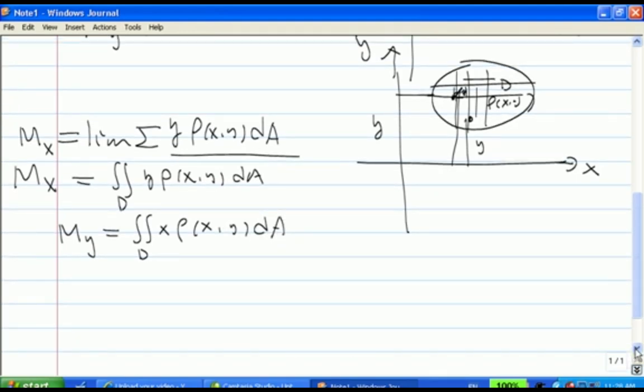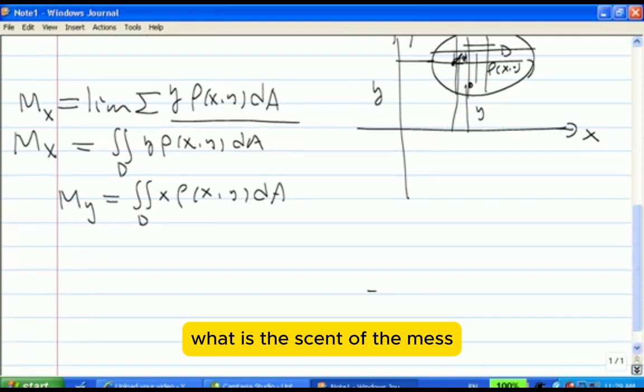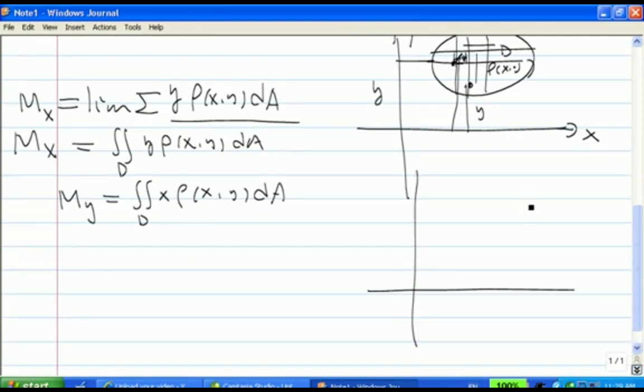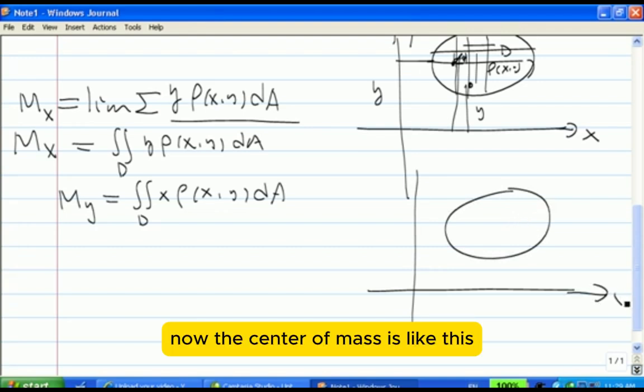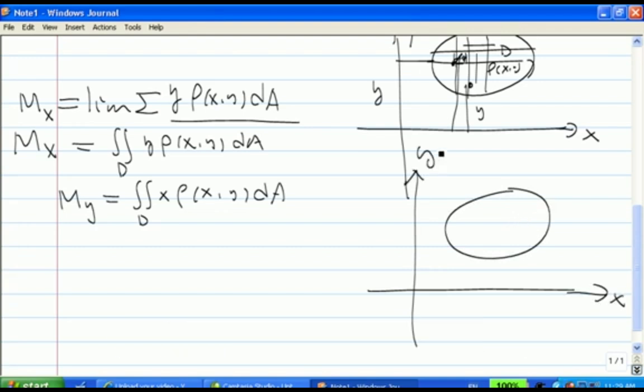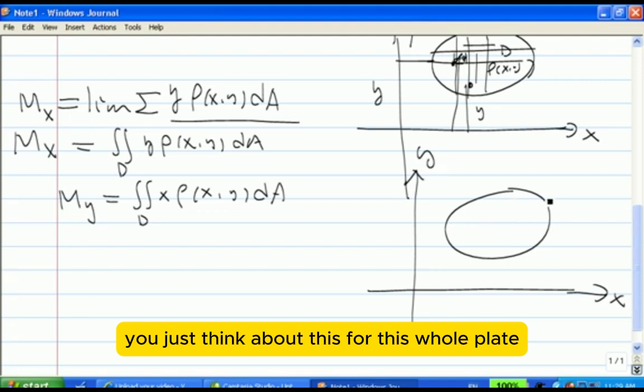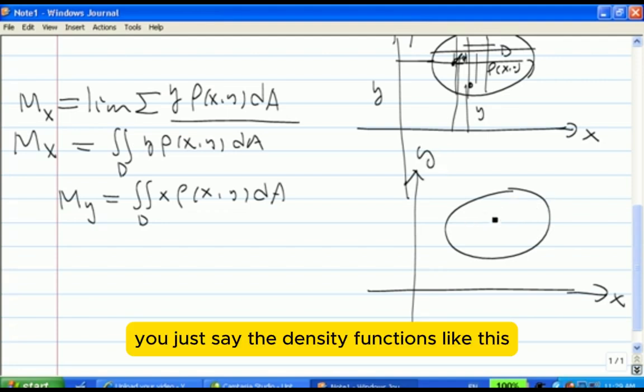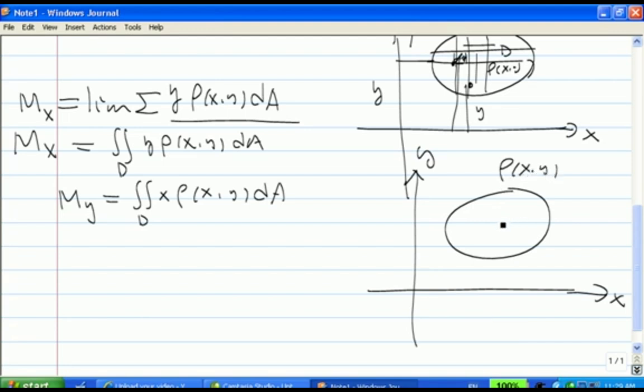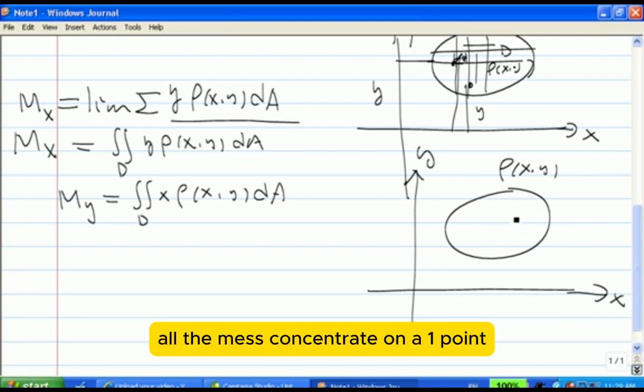Okay. What is the center of mass? Now the center of mass is like this. You just think about this whole plate with the density function like this. Just imagine all the mass concentrated on one point.